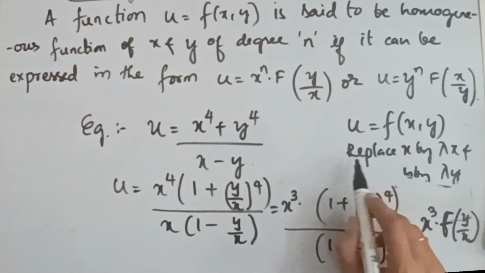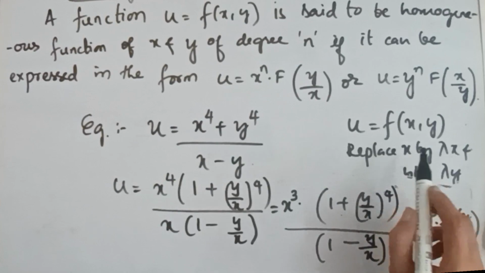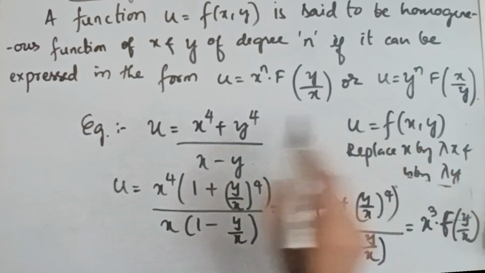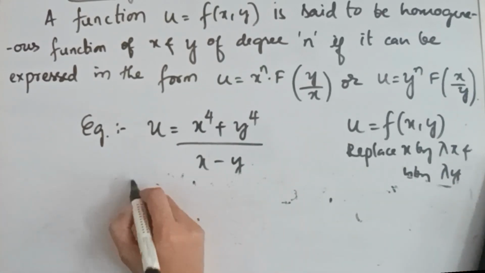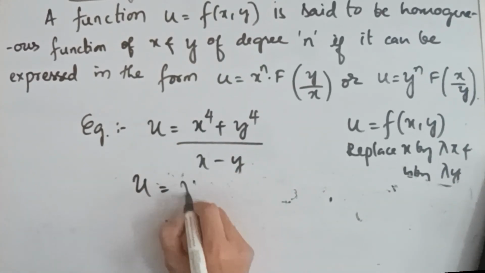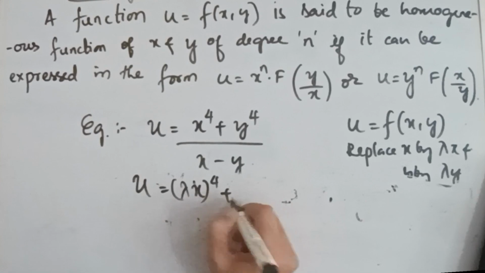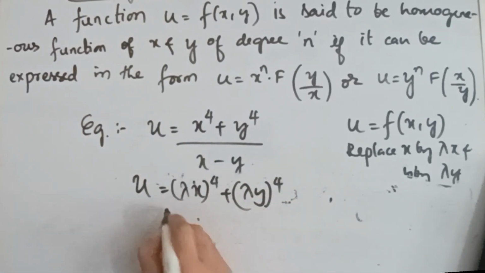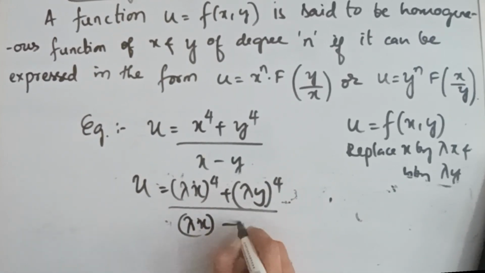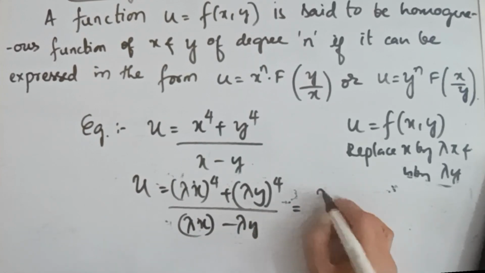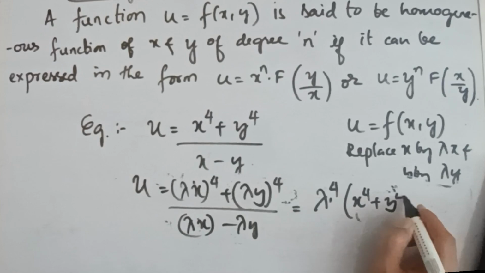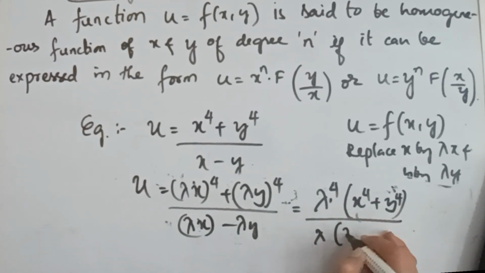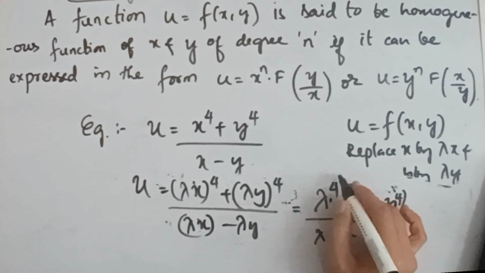One more way of checking is it homogeneous or not is replace x by lambda x, y by lambda y. Now I can replace x by lambda x power 4 plus lambda y power 4 divided by lambda x minus lambda y. So that is equal to lambda power 4 common, x power 4 plus y power 4 divided by lambda into x minus y. One of lambda cancels.